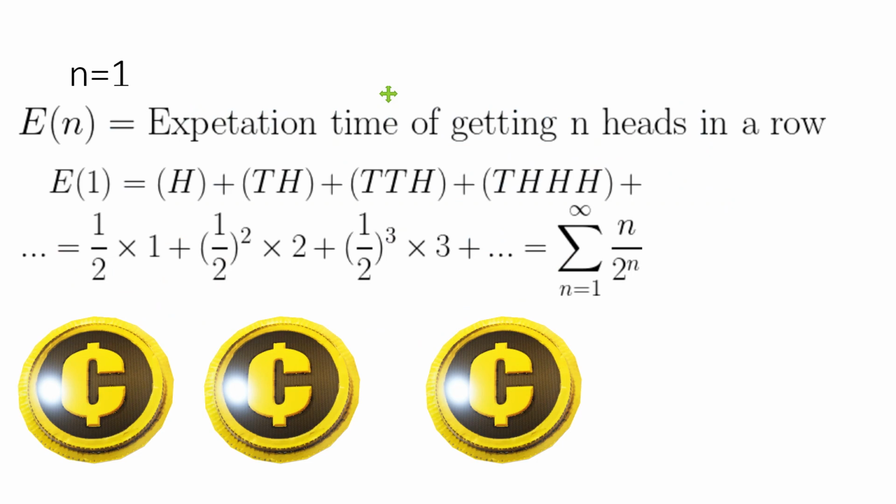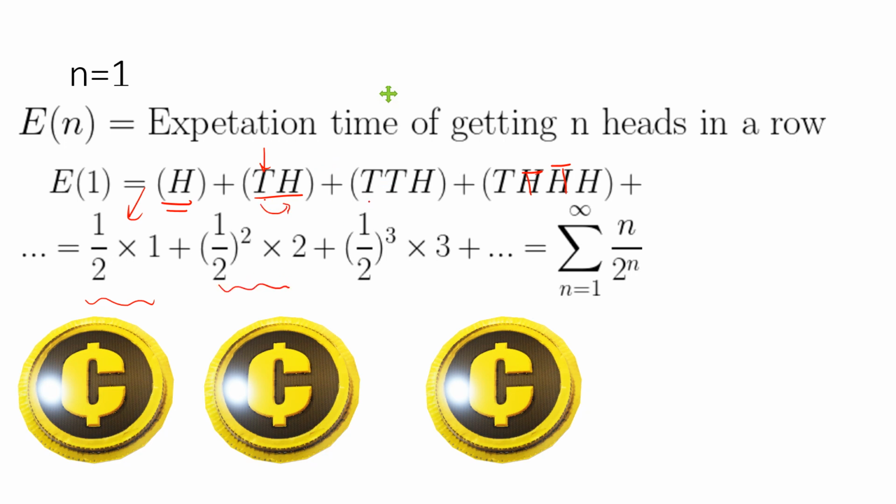The first simple example is n equals 1. If you toss a head the first time, you are done. Suppose the first time you toss a tail and the second time a head, then you succeed.